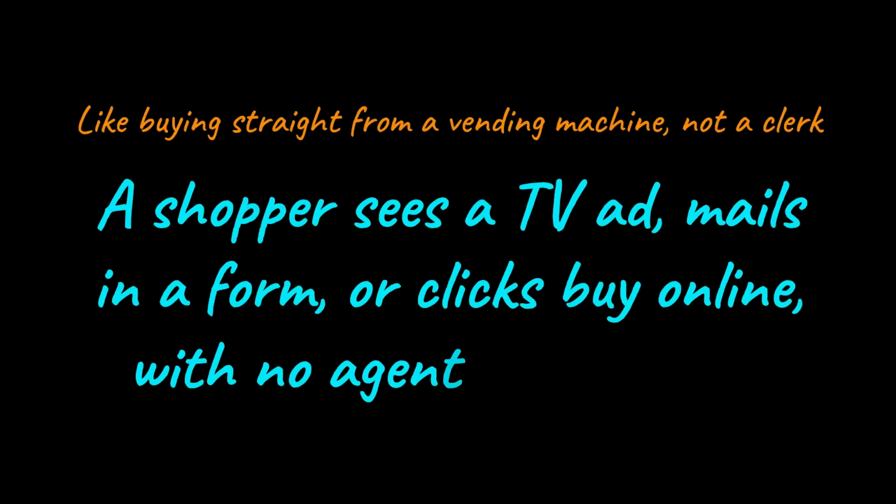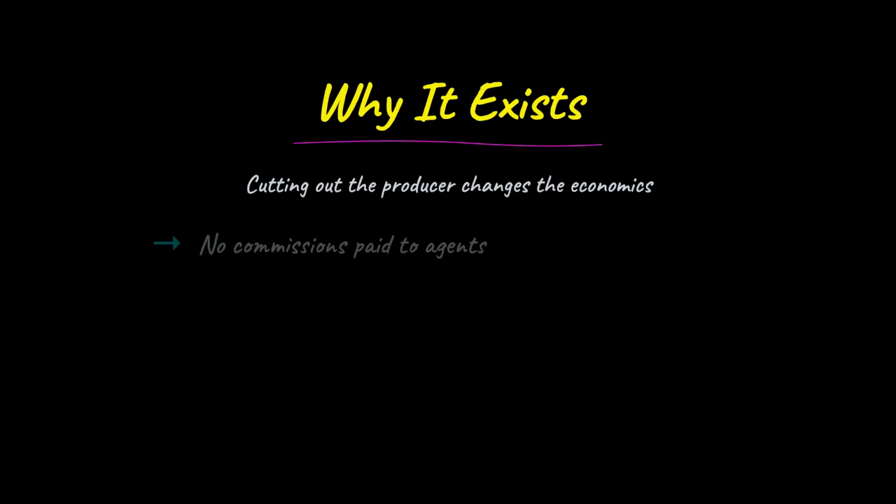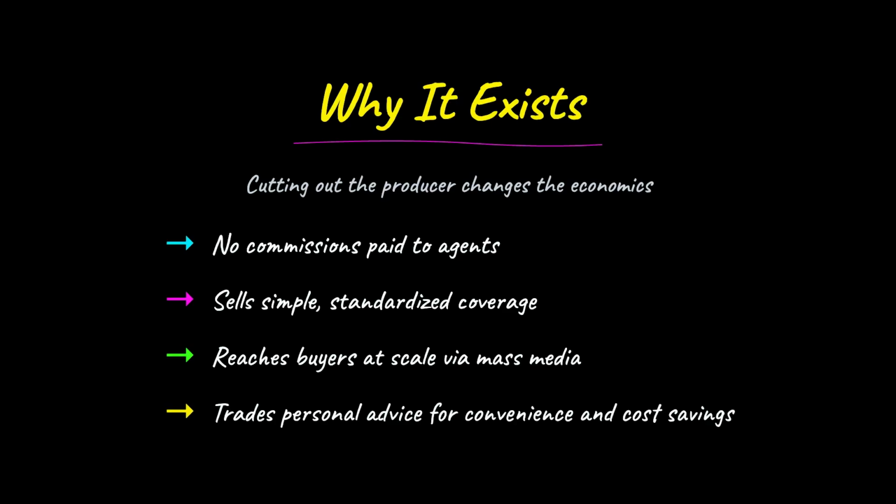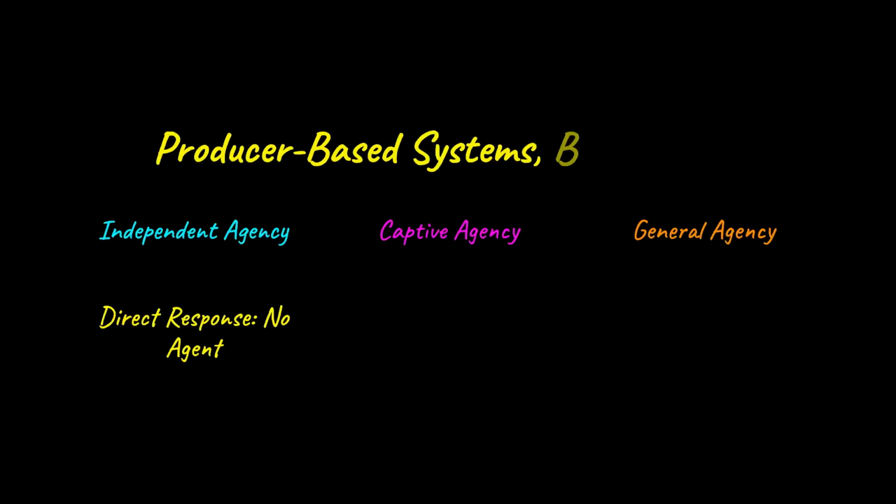Coverage is advertised on television, offered through the mail, or sold on a website, and the consumer applies directly to the company. No agent takes an application across a kitchen table. Without commissions to intermediaries, insurers can price differently and sell simple, standardized coverage at scale through mass media. Direct response trades the personalized guidance of an agent for volume, convenience, and lower distribution cost.